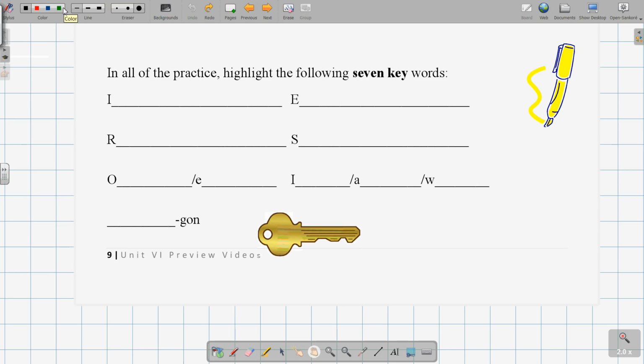So students, as you do the next problems, it's super important you spot and always highlight these 7 key words. Super, super important.